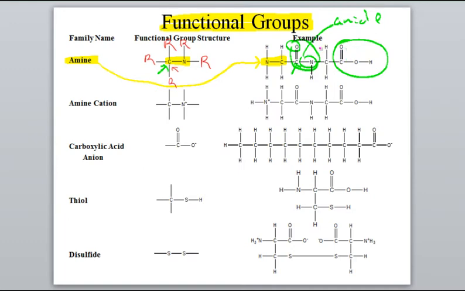Some of you may be saying, well, can't we just call that a ketone and that an alcohol? And no. Ketones and alcohols have their own unique chemical properties. Having a carbon with both of those oxygens connected to it has different chemical properties than a ketone or an alcohol.